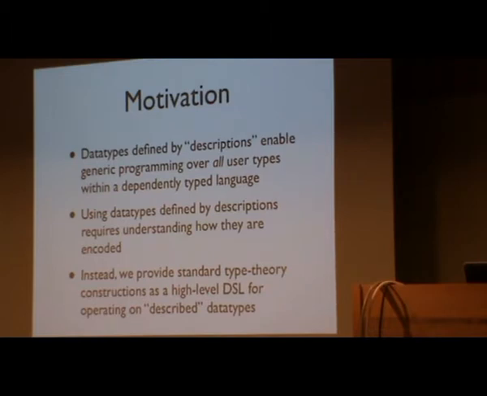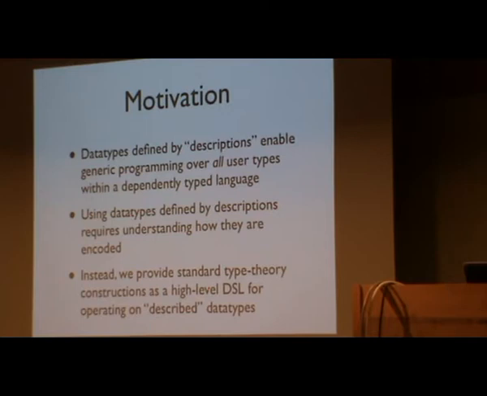And the one disadvantage of this approach is if you want to encode your data types like this, then you need to understand the low-level encoding to be able to work with data types defined using these descriptions. Instead, users of type theory are already familiar with the standard interface: when you declare a data type, the type formation rule, the constructors or introduction rules, and the eliminator or elimination rules have the standard interface that type theorists already know and understand.